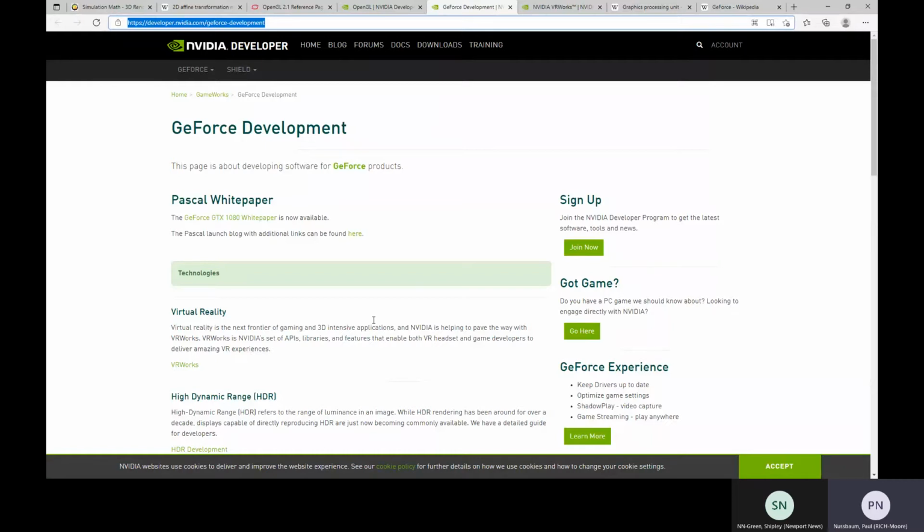So for example, virtual reality is a big frontier that people are exploiting right now with the virtual reality goggles. So NVIDIA is helping support the makers of those headsets and also the makers of the games that are in virtual reality to try and deliver virtual reality experiences.